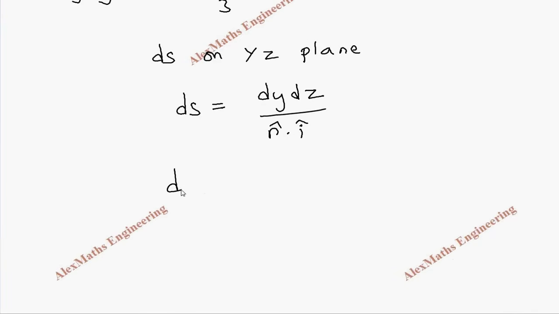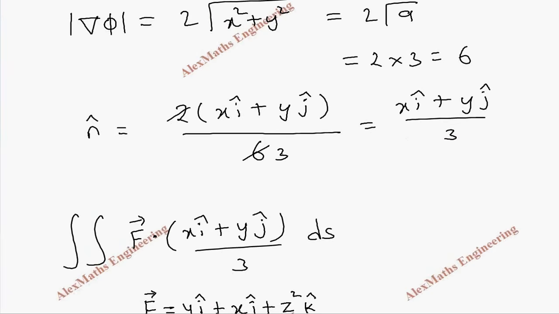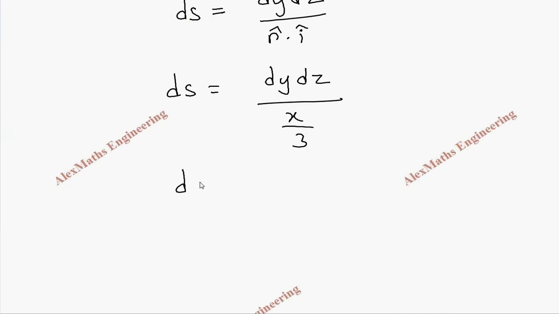When I do dot i with this, we get only x by 3. So this is x by 3. So finally ds is 3 by x into dy dz.